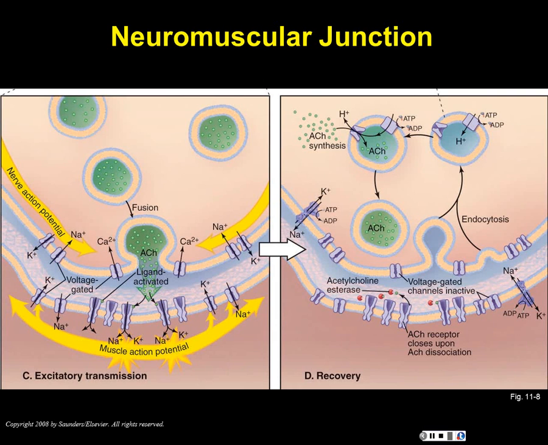Real quick though, a couple of alternative images showing, at a neuromuscular junction, the presence of those nicotinic receptors and how they're just chemically gated sodium channels. When the acetylcholine's gone, the gates will close.